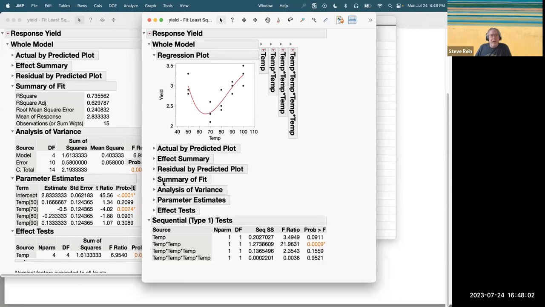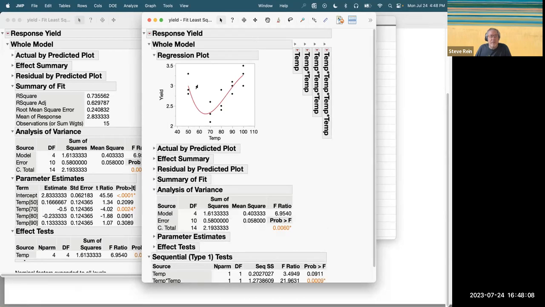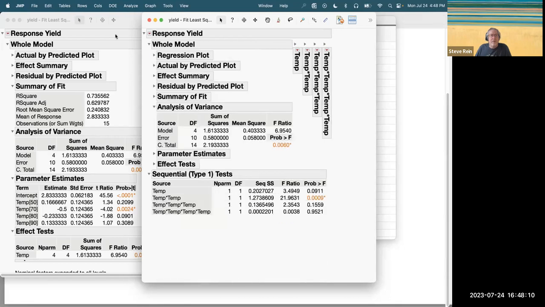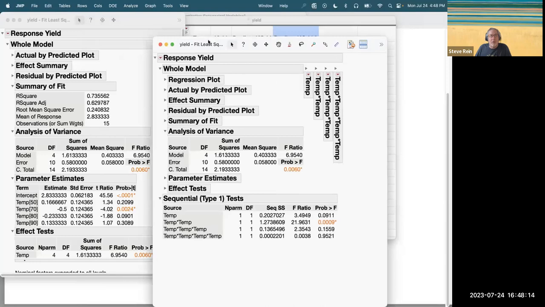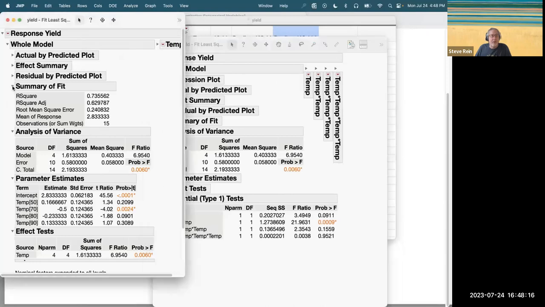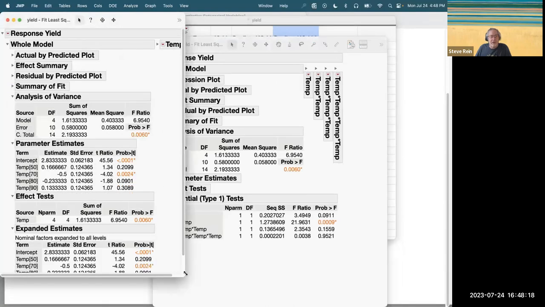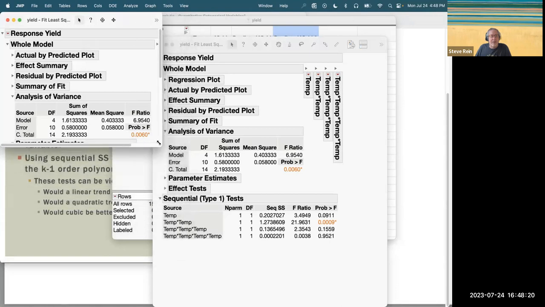So I'm going to go ahead and set myself up for the next thing. Under analysis of variance, I want to leave that on the screen for my quadratic, my fourth order polynomial.